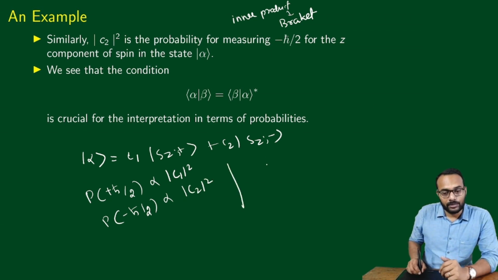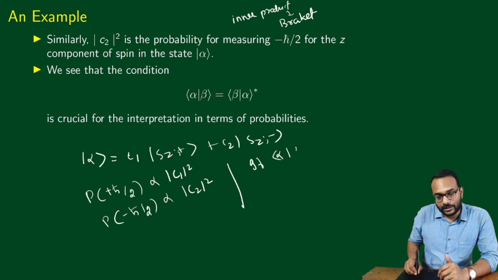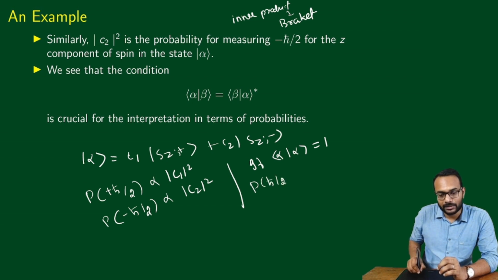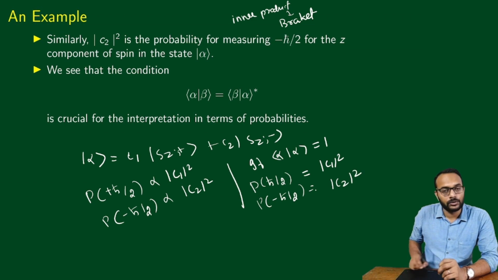And in the example, what we saw is that if the bracket of alpha with itself is equal to 1, or if this state is normalized, then this proportionality becomes an equality, which means that the probability for getting plus h cross by 2 is equal to modulus of C1 squared, and the probability for getting minus h cross by 2 is equal to modulus of C2 squared. So we get this nice expression.